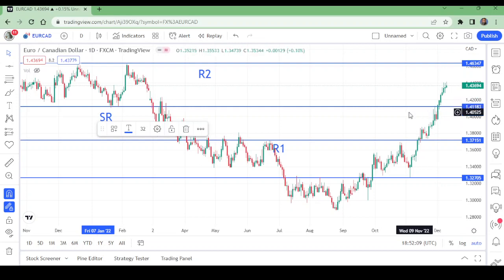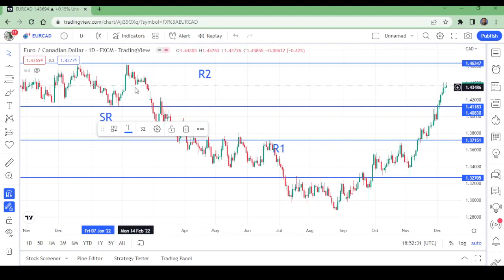Here it stayed for some days, though it was pushed downward but broke it upward. This was not a pure resistance, but this was support and resistance. Okay, so this is now broken.